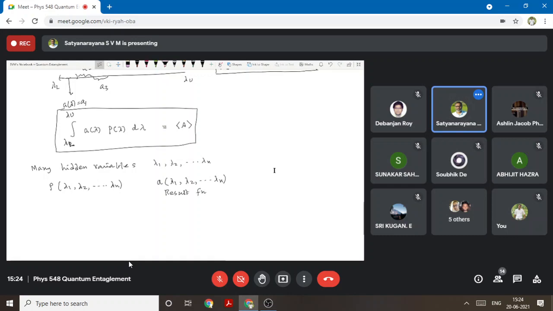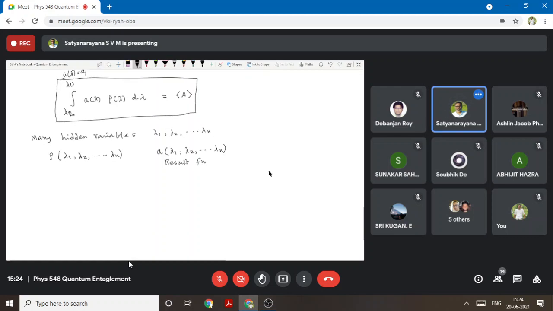Of course, each of these lambdas may have some range or domain of variation, but let me not worry about this. Here you can have d lambda 1, d lambda 2, etc., d lambda n, times A of lambda 1 to lambda n, times rho of lambda 1 to lambda n.